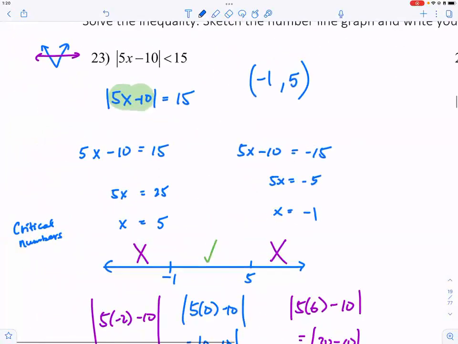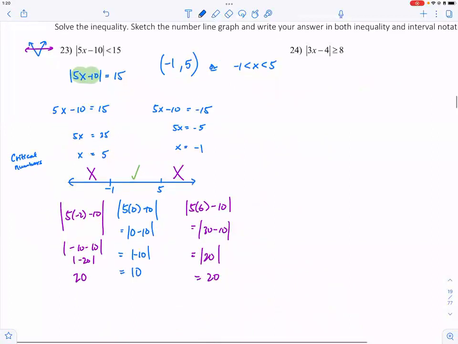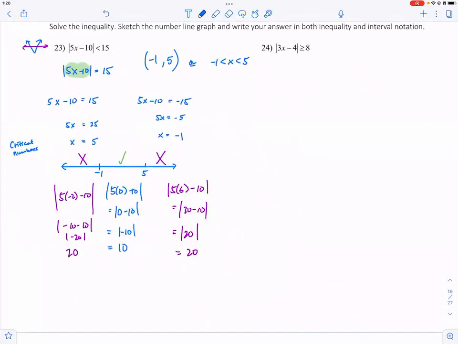So this is the interval notation. In inequality notation, we will say negative 1 is less than x and x is less than 5. So that's how we decide the interval. That's the algebraic method.